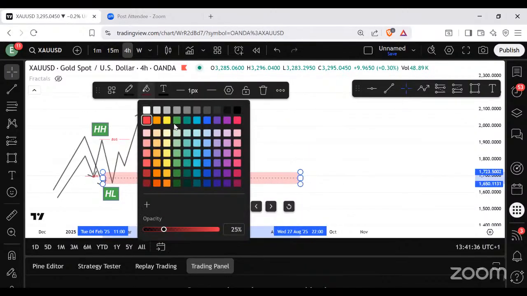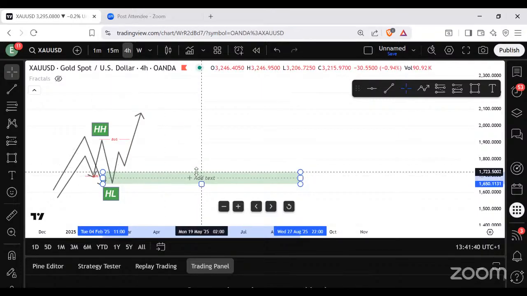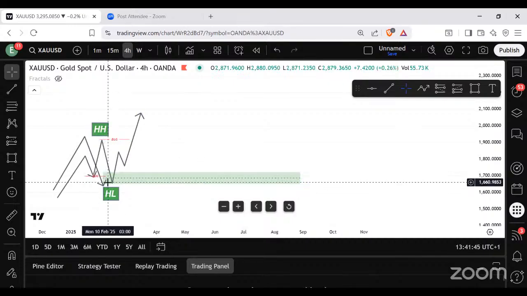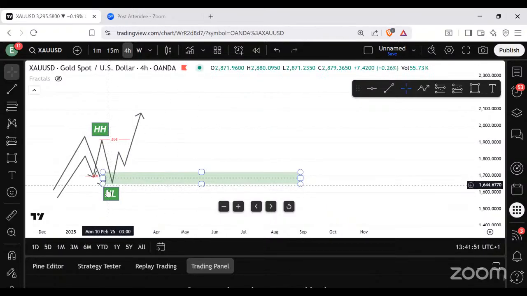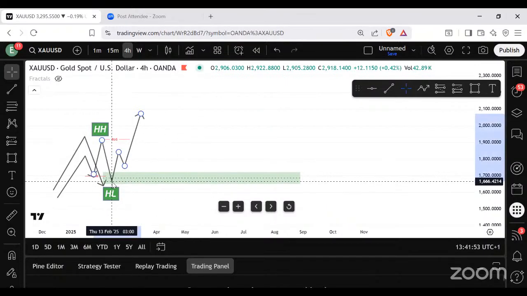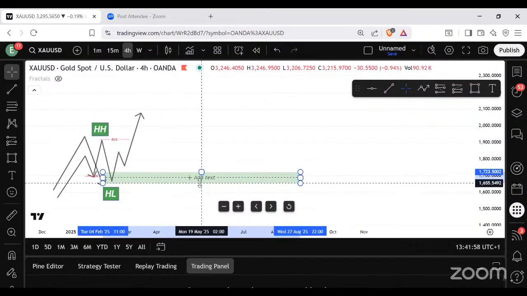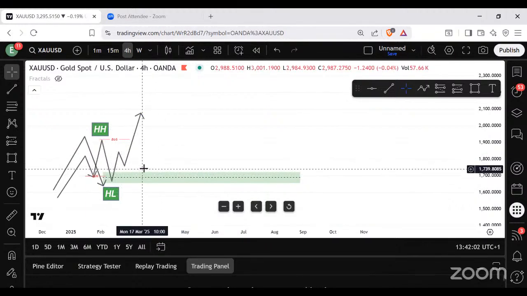The point of interest is usually after this correction, close to this area.